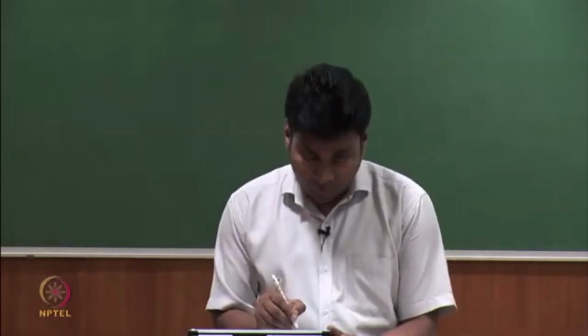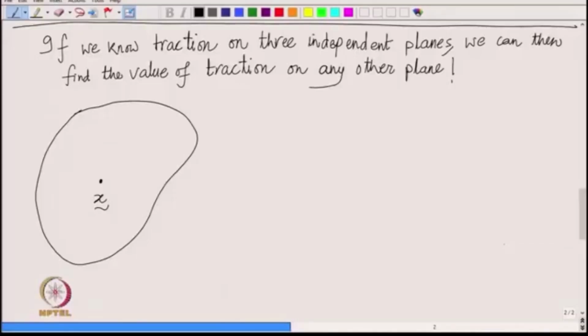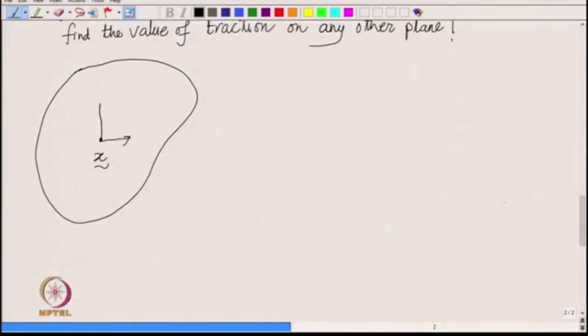So, we have to draw a tetrahedron whose vertex will be at x. This is the tetrahedron. Okay. Let me redraw the point x. So, this point is x, the vertex of the tetrahedron.